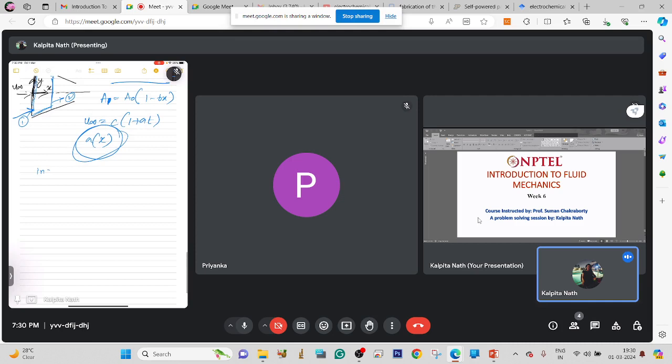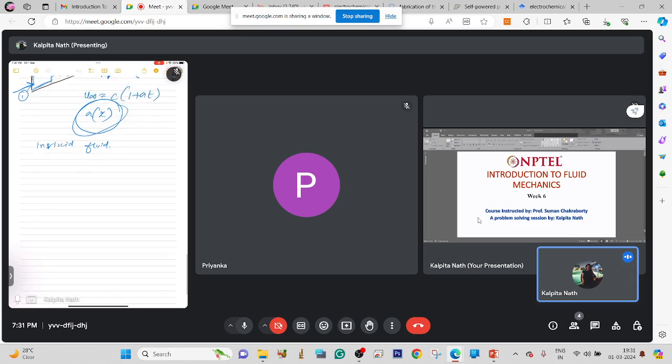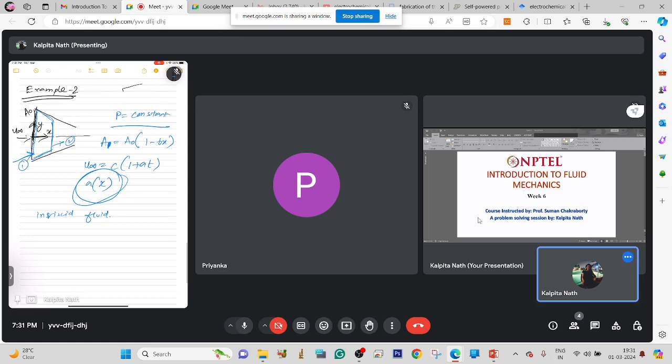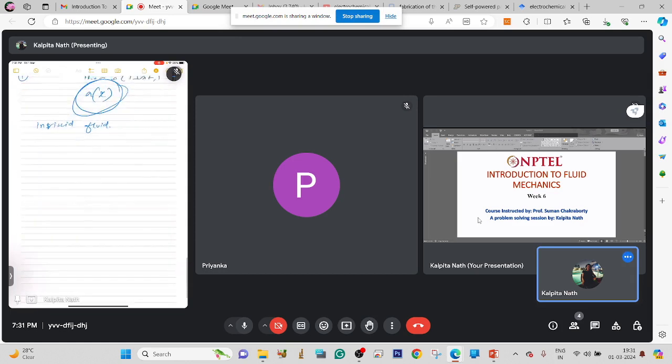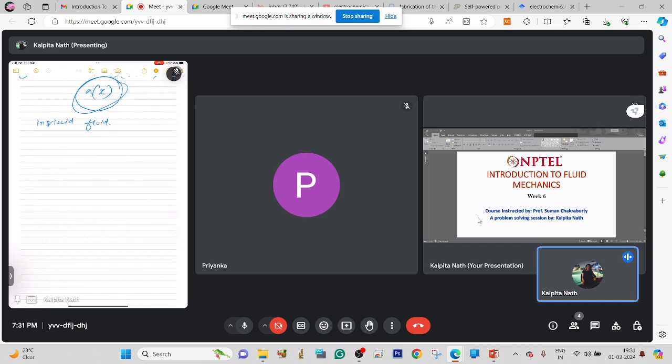Here also we are assuming inviscid fluid, and we will neglect the variation along y, because we are considering a uniform velocity profile again. No velocity variation will be along y, only along x.